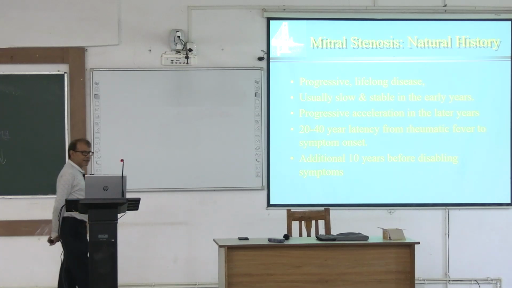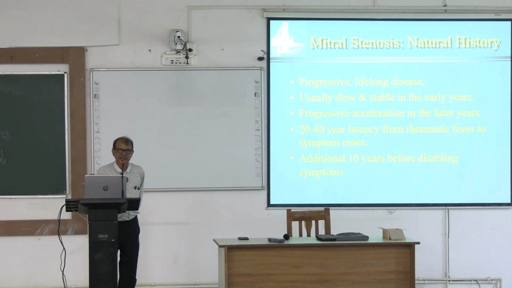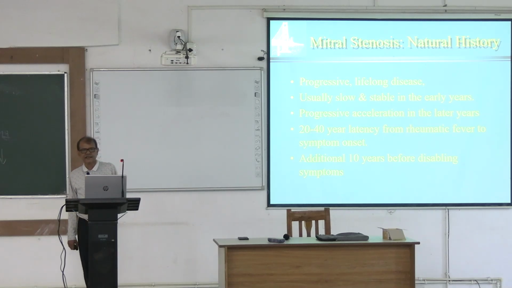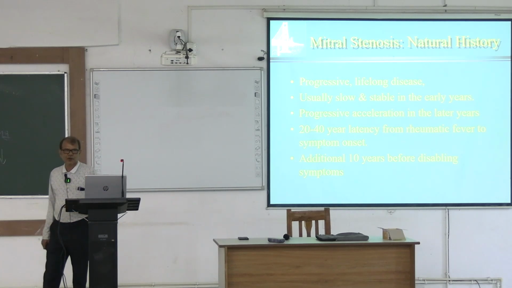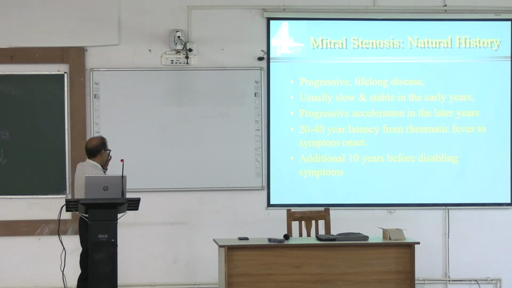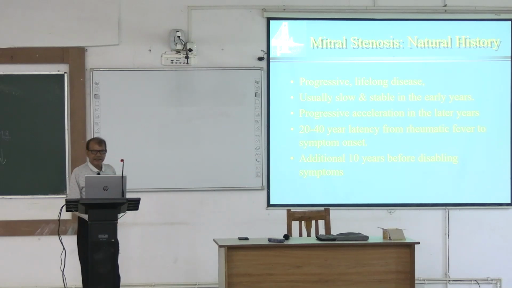Usually 20 to 40 years latency may be present between the initiation of the rheumatic fever and the development of mitral stenosis, and an additional 10 years before disabling symptoms.